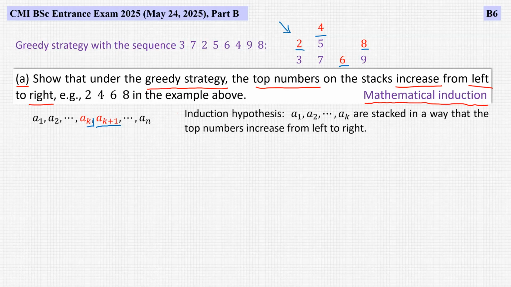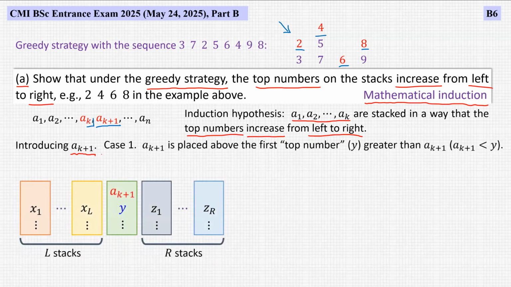So our induction hypothesis would be this. K numbers A1, A2, up to AK are stacked in a way that the top numbers increase from left to right. Let us then examine the process of introducing A(k+1) to this stack. There are two possibilities.